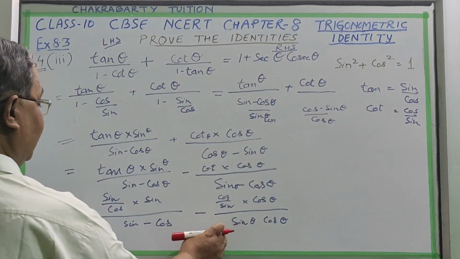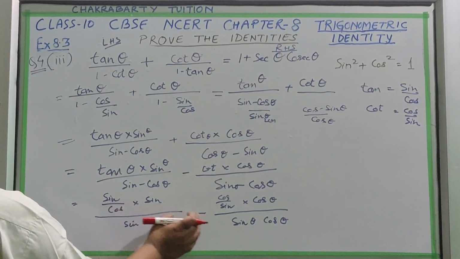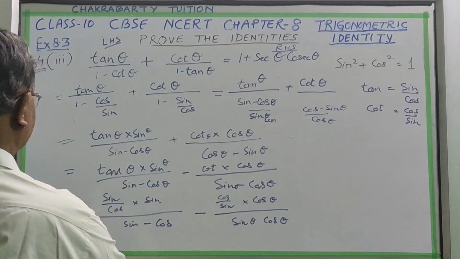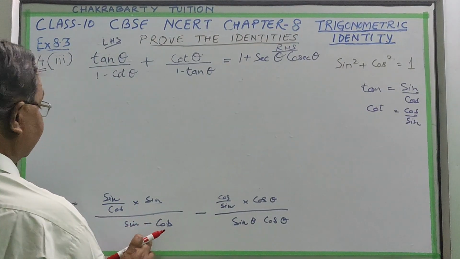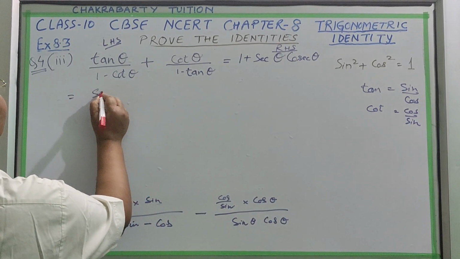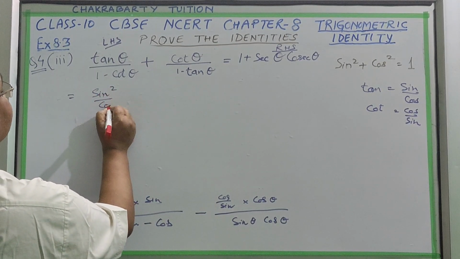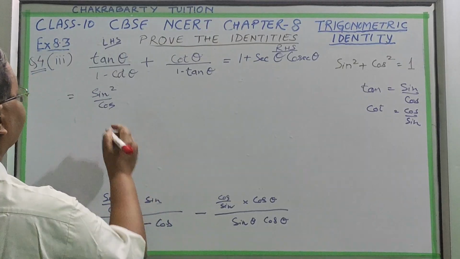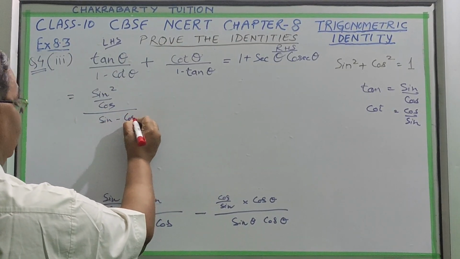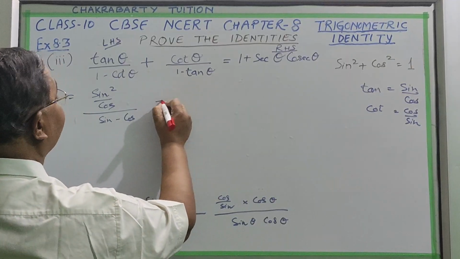Okay. This line, now some of the upper portion we will remove, and from here we will go to the upper side. This will be our baseline. From here we will start. So this line will change to sine square upon cos. Sine square upon cos it will become. And this sine minus cos will of course remain. Minus sine.